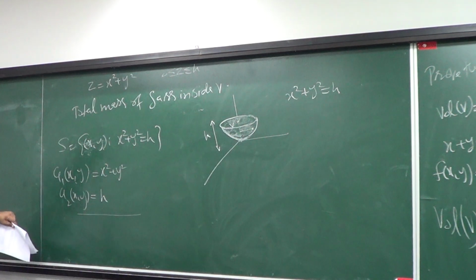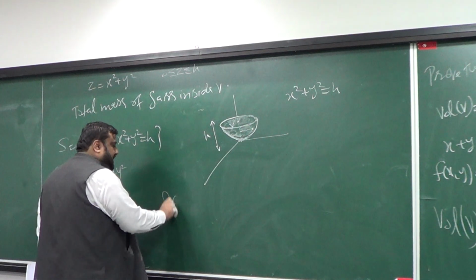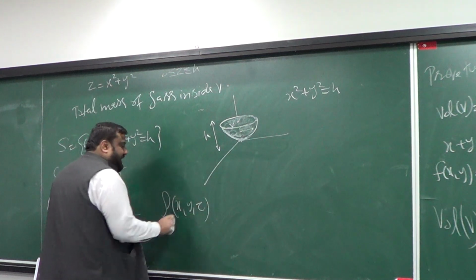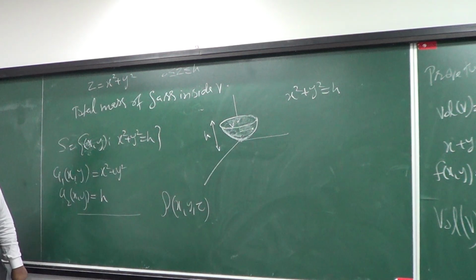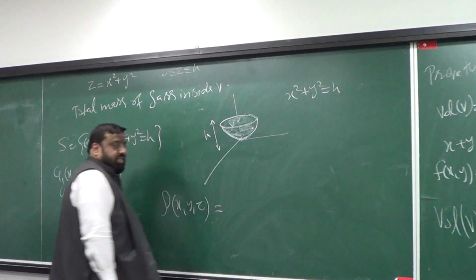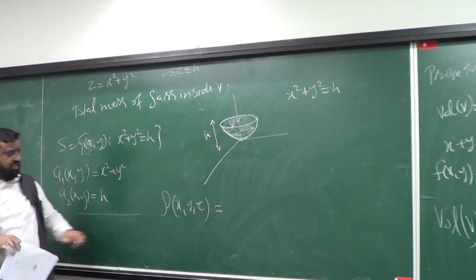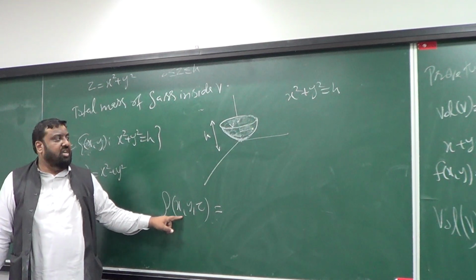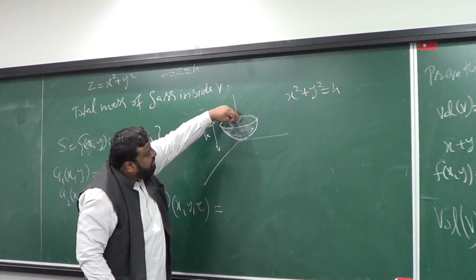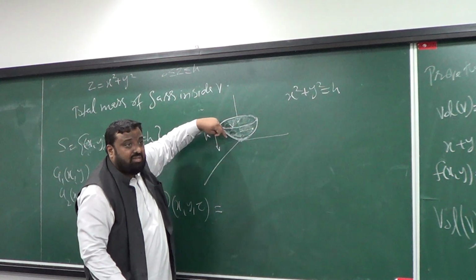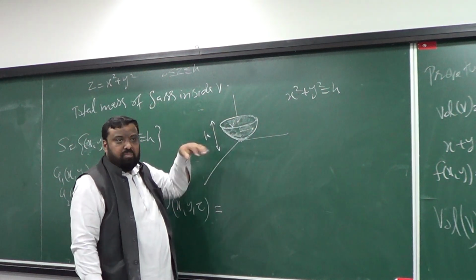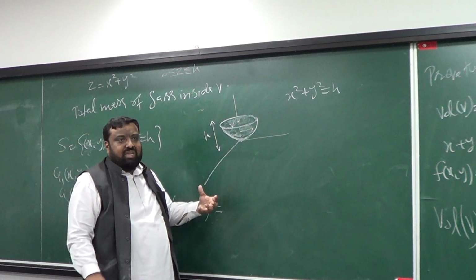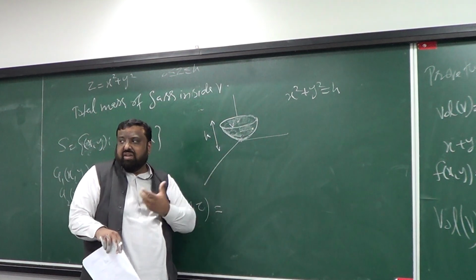So what would be the next thing? The next thing would be the density. The other condition is that the density of the gas at a point x, y, z is proportional to how far this point is from the z-axis. This x, y, z can be an arbitrary point inside this bowl, because the gas in the bowl is everywhere.